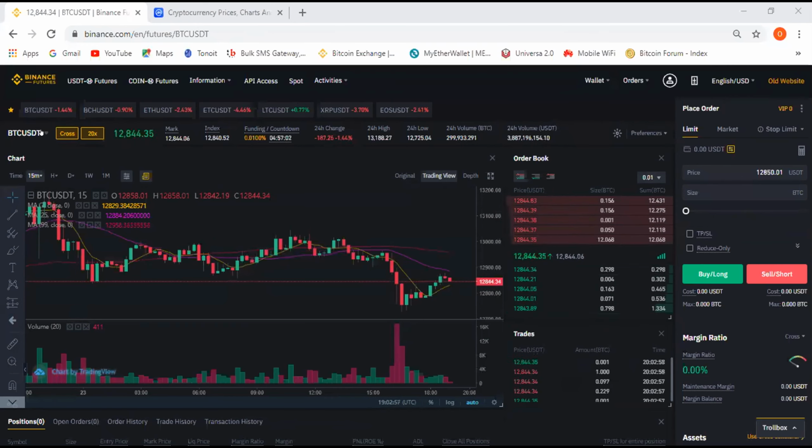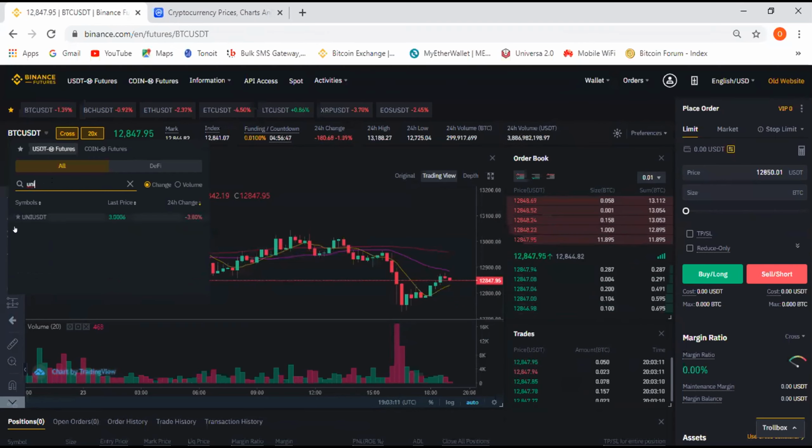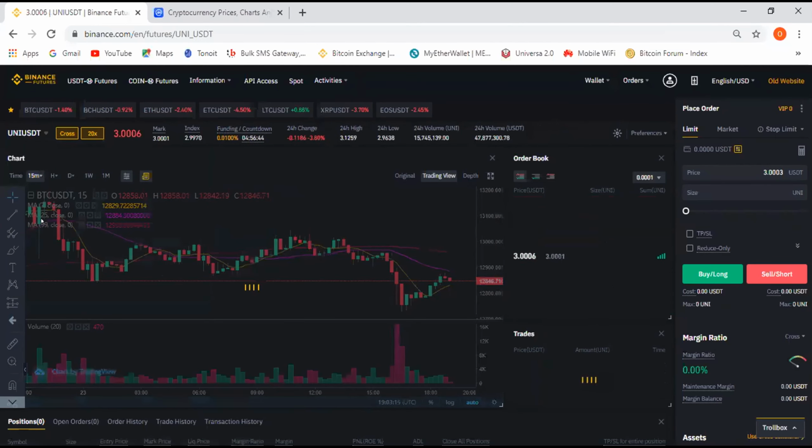Check out the pair. So you click on the pair you are looking at. For example, what we just saw as a trade from Master Trade is UNI. So you search for UNI against USDT. So you see UNI against USDT.